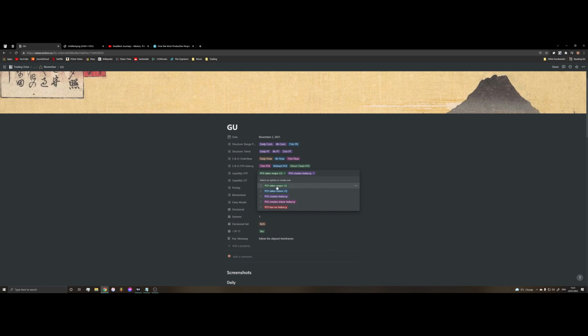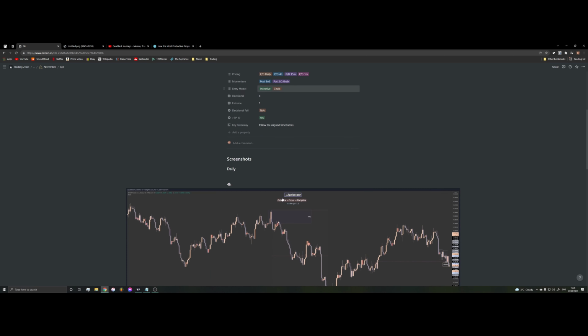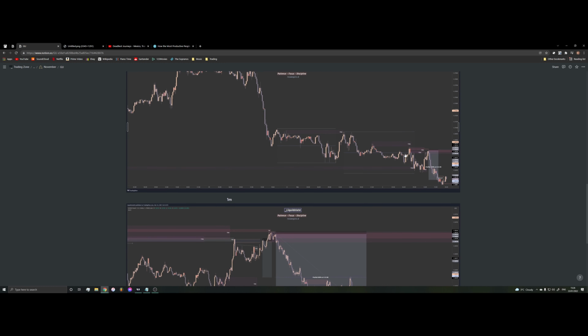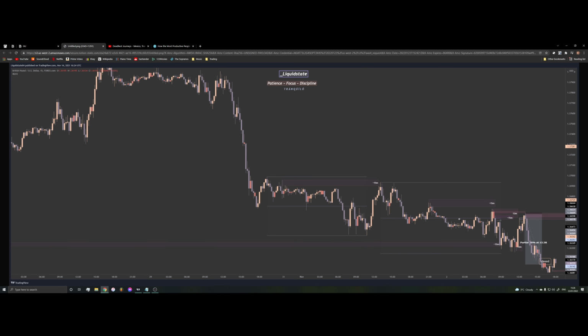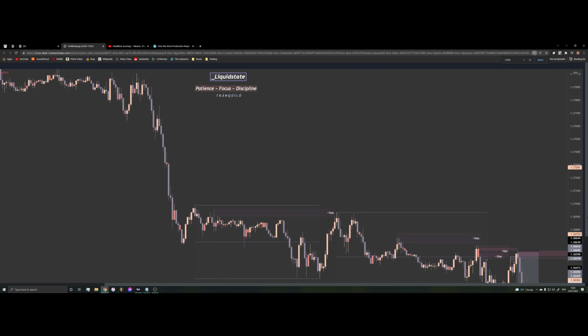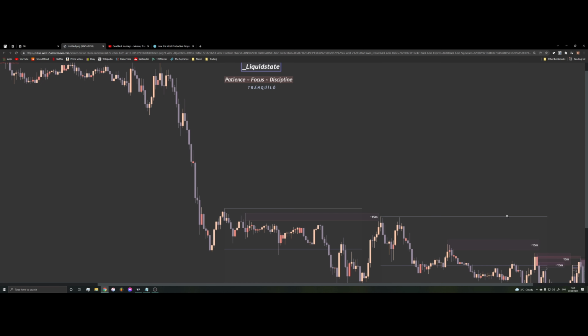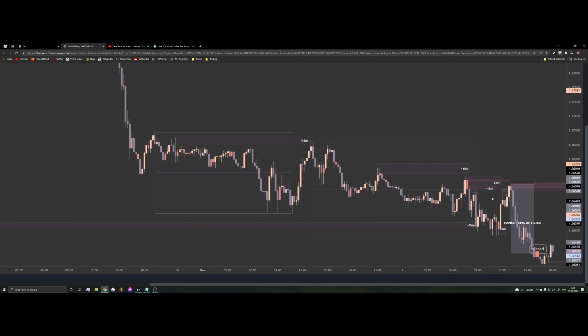Obviously then we move on to liquidity, which in this case I've got a few different options. In this case, the 15-minute POI takes, I'll go on the screenshot again. Yeah, so this POI takes this high here, which is a structural high, so it takes major liquidity instead of minor, which would be just a small high which didn't make a low or something like this.